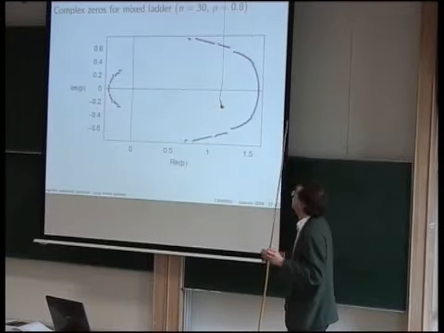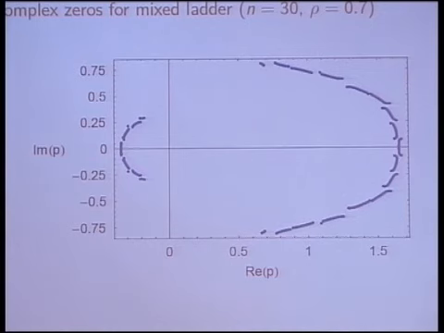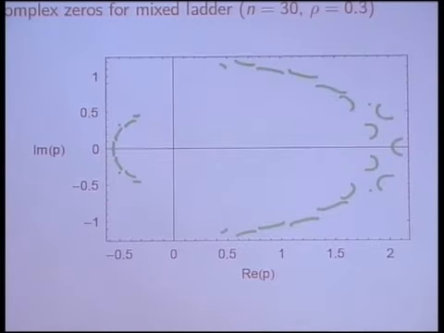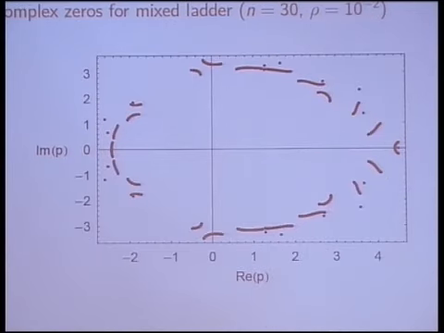And for 0.8, you have nearly no wiggles in your complex zero structures. And then if you further decrease rho, there is an explosion of this structure.